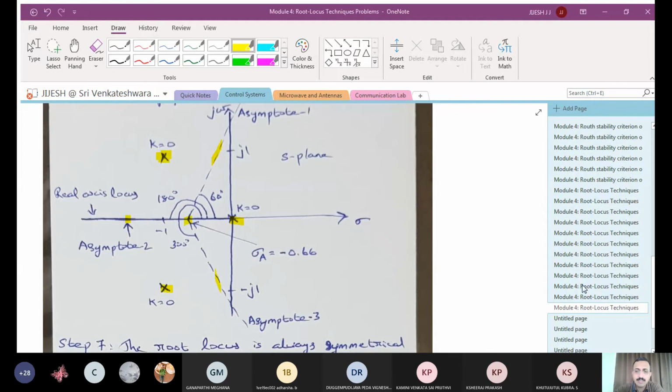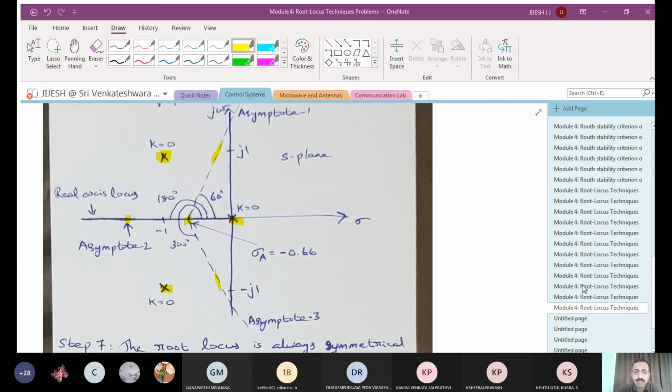So when you complete it, we can say that the value of k at s is equal to minus 0.66 plus or minus j 0.471 can be found.